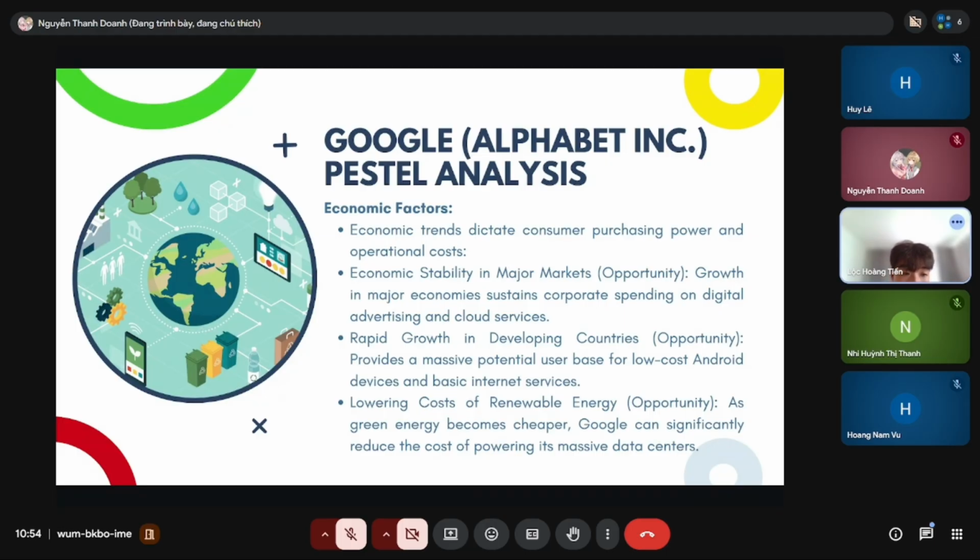This also brings rapid growth in developing countries. It provides a massive potential user base for low-cost Android services and basic internet services. It also lowers the cost of renewable energy. As green energy becomes cheaper, Google can significantly reduce the cost of powering its massive data centers.